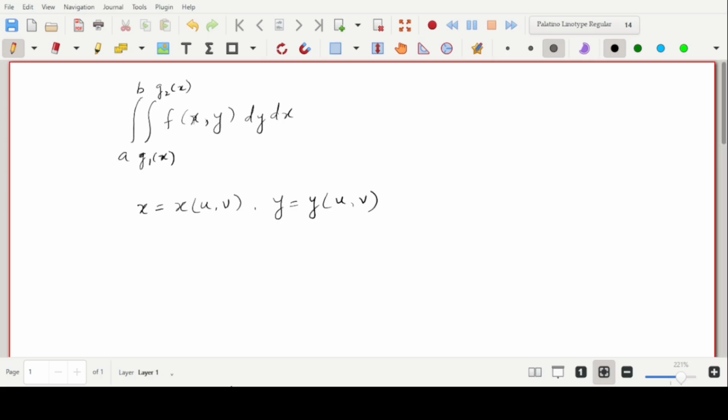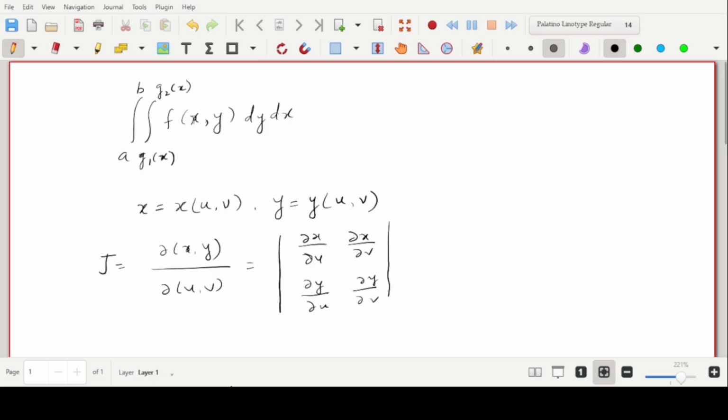In order to integrate with respect to u and v, along with substituting for x and y in terms of u and v, we also multiply the function f by something called the Jacobian, which is defined as the determinant of del x del u, del y del u, del x del v, del y del v.